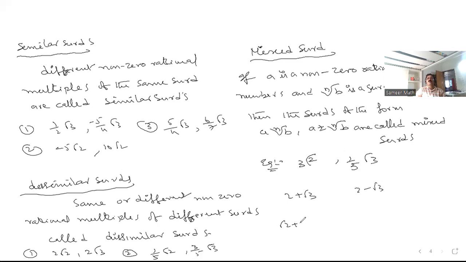But if I write root 2 plus root 3, not a mixed surd. If I write only root 2, not a mixed surd.